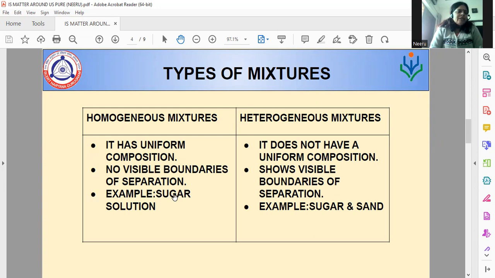That is, you can't see sugar and water separately, or any other thing in a sugar and water solution. So this is a homogeneous mixture.